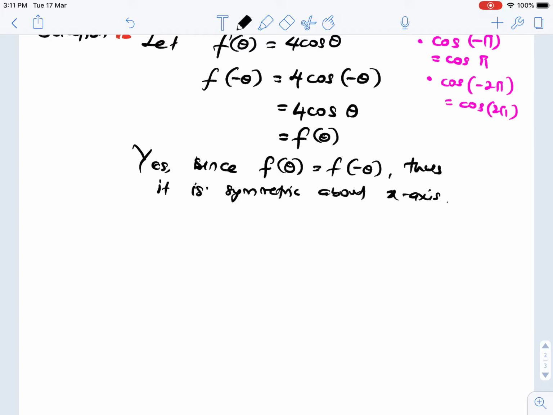Graphically, if you want to sketch the graph, okay, let's say we sketch r equals to 4 cos theta. So we have graph of cos here. We know that cos is symmetric to x-axis. Therefore, the graph will be like this. X and y.